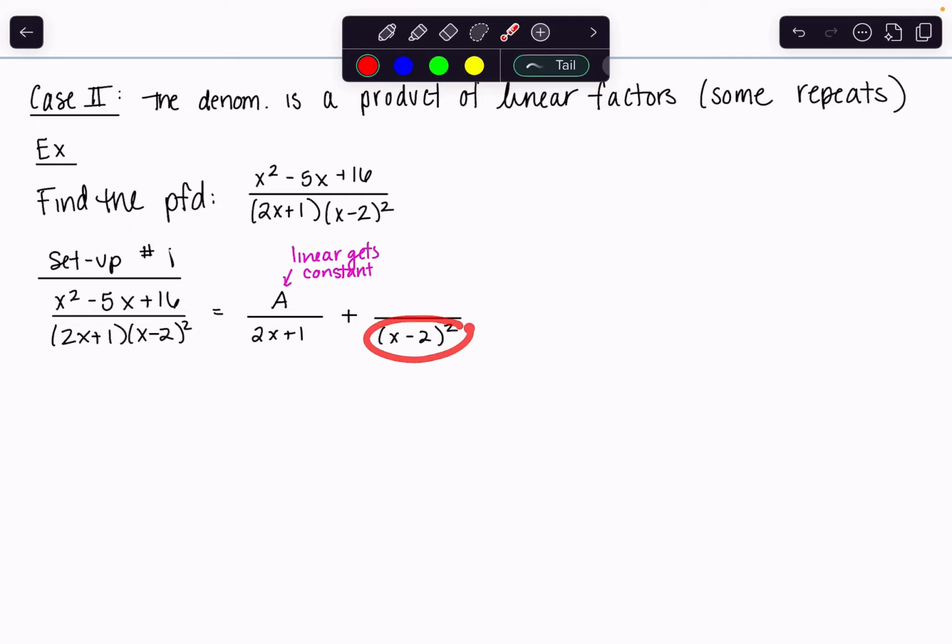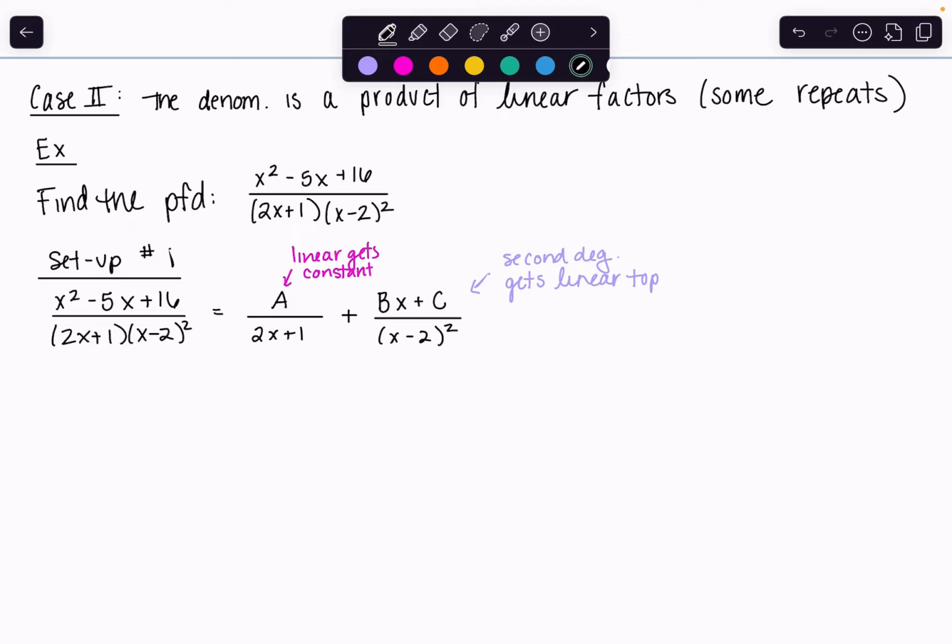But over here, that's a second degree. So to keep it proper, it would be one less. So a second degree gets a first degree or a linear top. So in that case, I have something times x plus a constant.